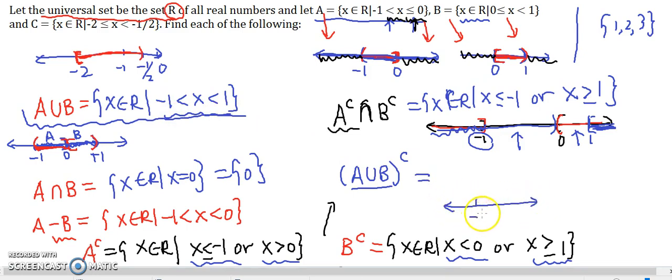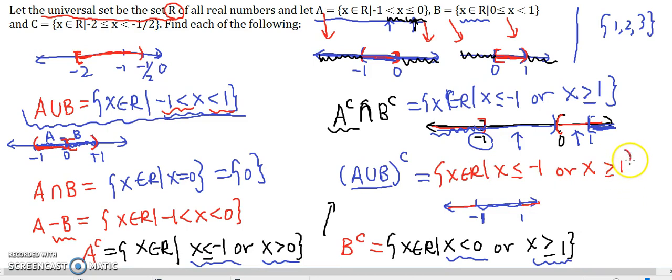A union B, the answer is -1 to 1, and the complement is anything not in here, which will be this part or that part. And so we describe it. x is in R and x is less than or equal to -1, because -1 is not in the union. See, there's no equal sign here, no equal sign here. So that should be in the complement, or x is greater than or equal to 1.